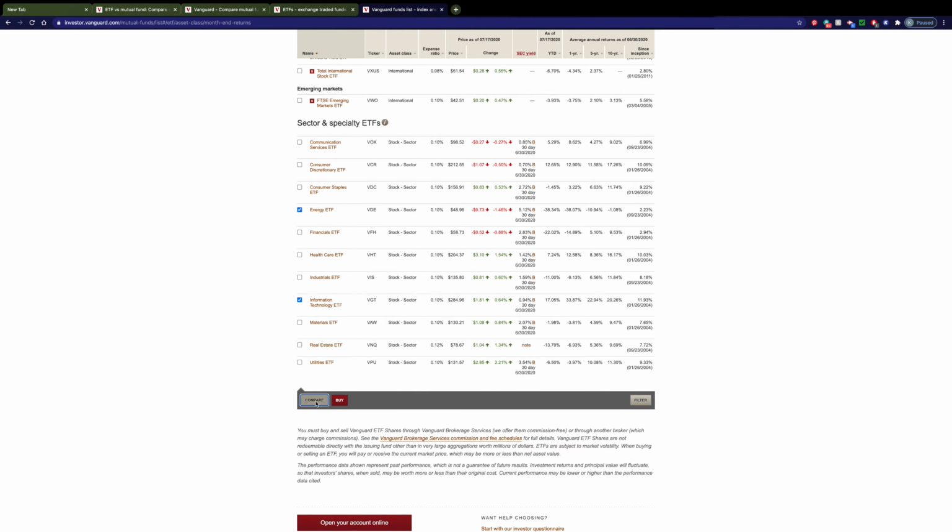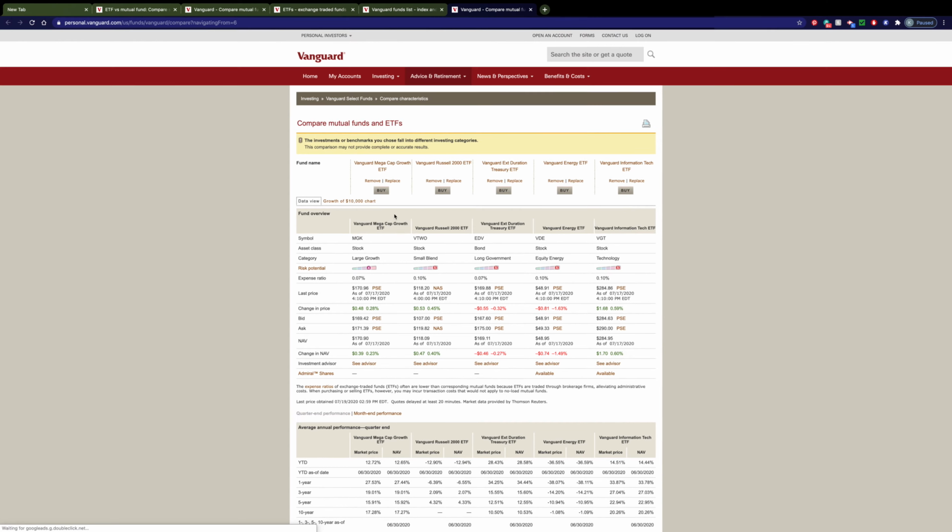If we compare these, we'll see it tells us what the asset class is, stock versus bonds, and it describes some of the potential risk of this particular class. The lower the number, the lower the risk, but generally that can also mean the lower the return on your investment.